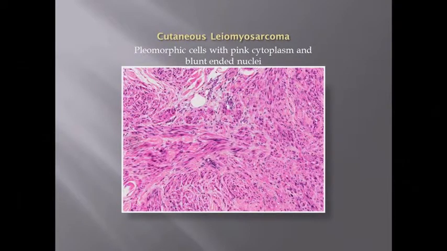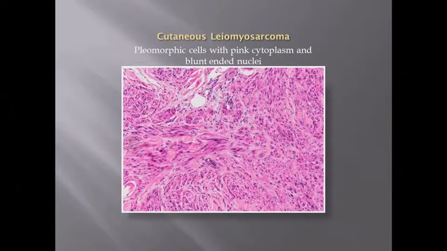Now, this has been labeled cutaneous leiomyosarcoma for the simple reason that, again, with the morphology of the cells, as I've shown you earlier, showing cells with a lot of pink cytoplasm, discontented pleomorphic nuclei, hardly any mitotic activity in here, but the tumor cells extended to the subcutaneous fat.